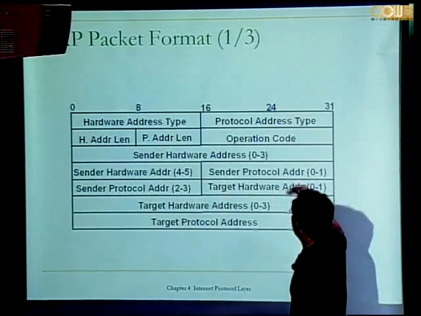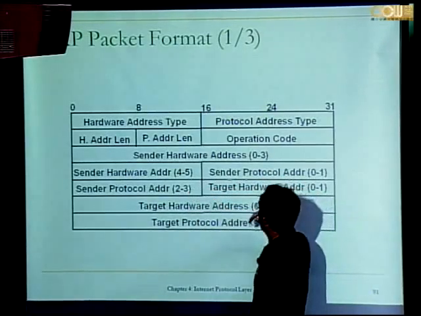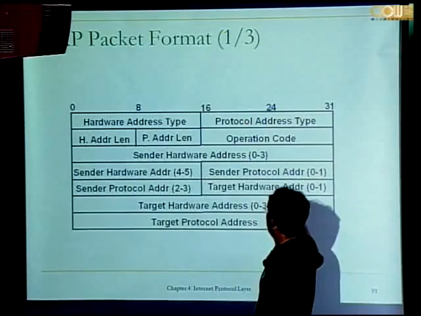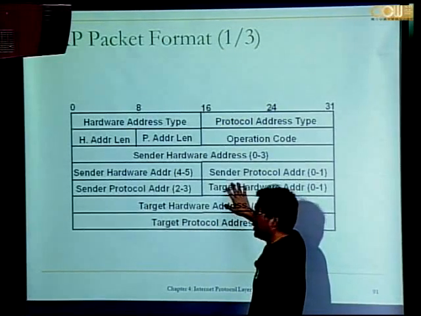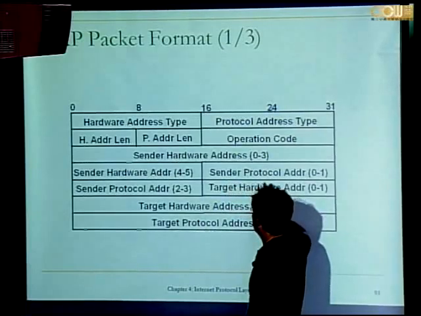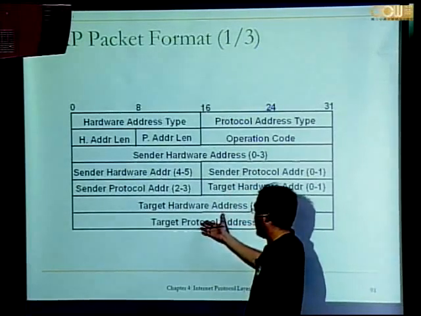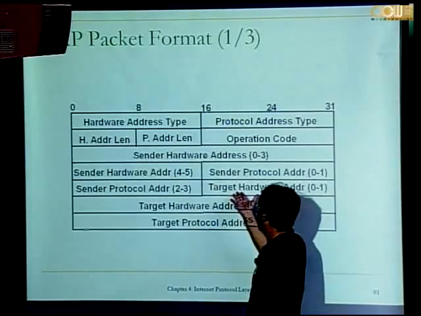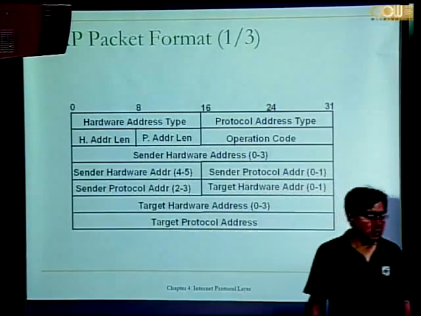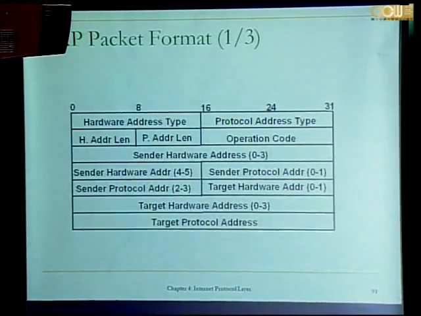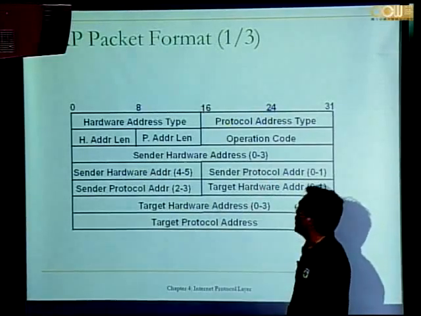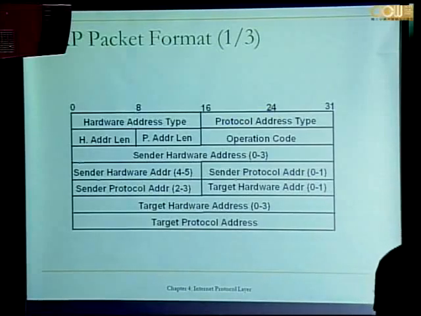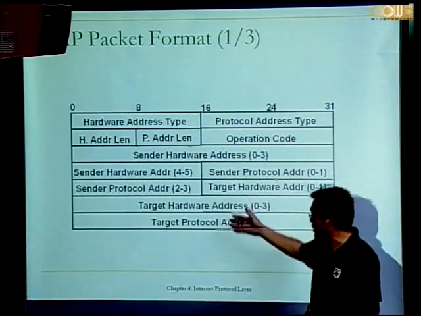That's me, and also my IP address here. And then I would put the target IP address here, but this as null, because I know the IP address, but I need to know the MAC address. So in the reply, it would fill up this field, I mean the hardware address with this IP address.